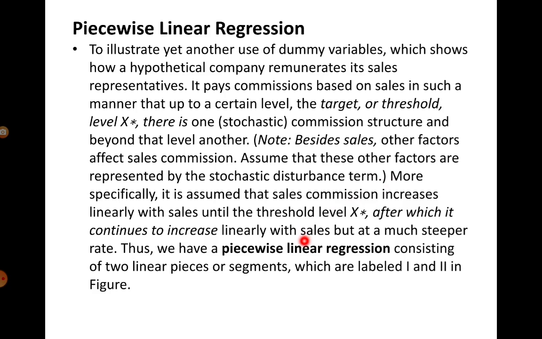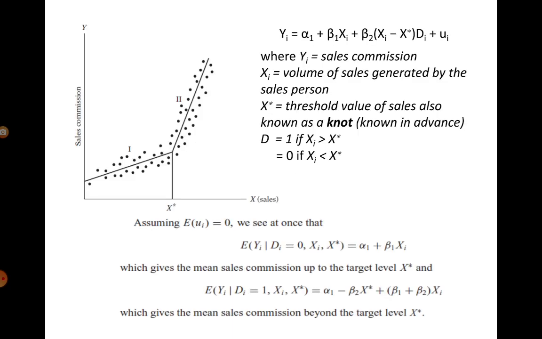When you have such a case, you have what is called a piecewise linear regression. This is because your regression function consists of two linear pieces or two linear segments. The figure over here shows the two linear segments. So segment 1 is the standard sales commission function till you reach the threshold level X star.